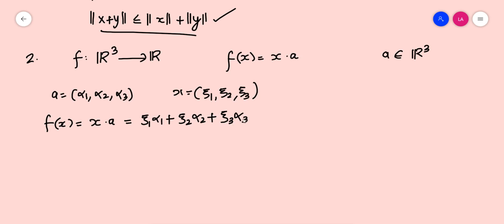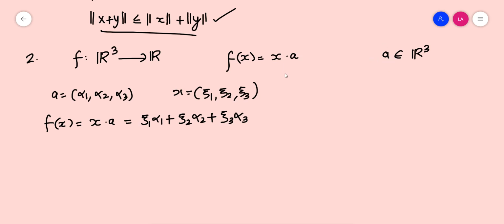So this is f of x. We are fixing a vector, and the image of every element is its dot product with the element a.